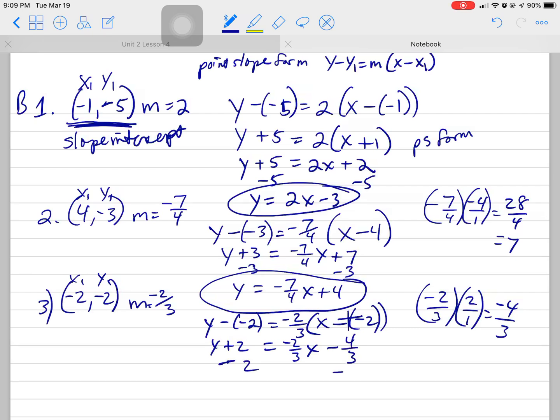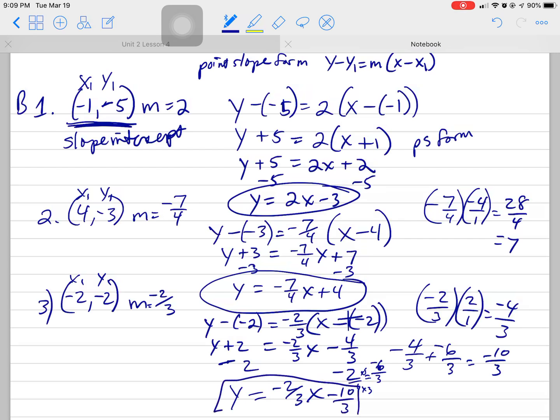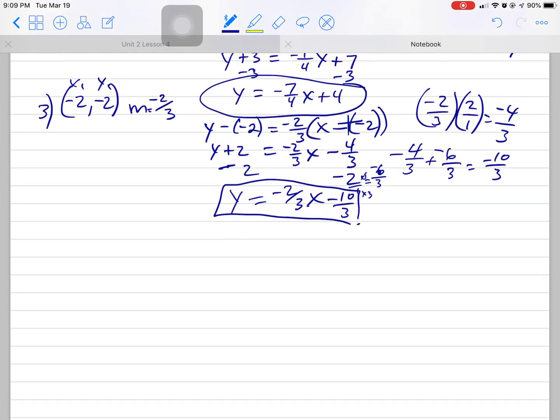All right, y equals -2/3 x minus 4/3 minus 2. How do you add -4/3 to -2? 2 is what over 3? That's times 3, so that's a 6. So -2 makes a -6/3, which gives you -10/3. So y equals -2/3 x minus 10/3. This right here is the answer to that one.